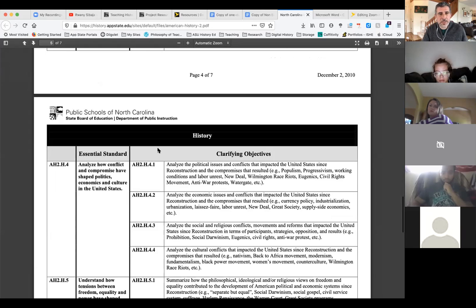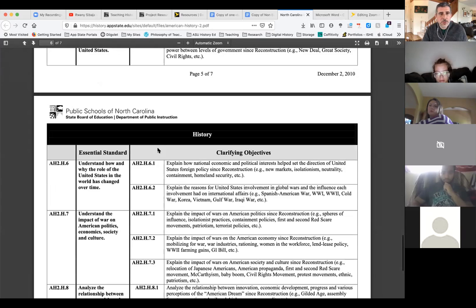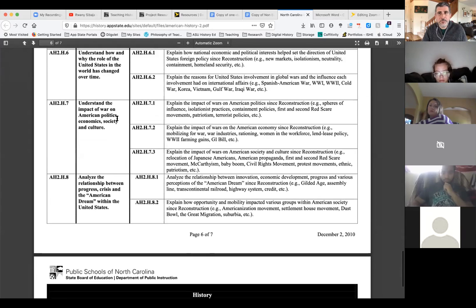So another good example is if I go further down to number 7, understand the impact of war on American politics, economic, society, and culture. And then specifically, since Reconstruction, we can look at particular wars. So if you're doing anything with World War II, this one talks about the impact of war on society and culture. So then you would talk about Japanese American internment.